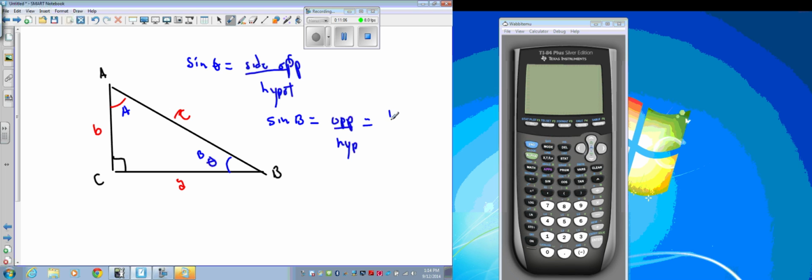So that one is b over c. And the cosine of the angle B is adjacent side over hypotenuse, and for this one, it's going to be small letter a over c.